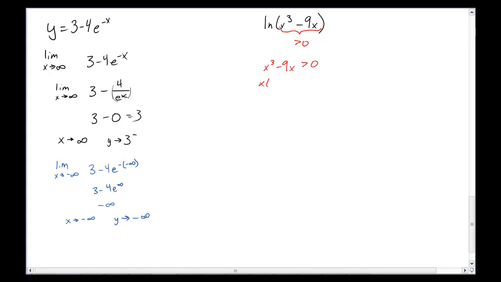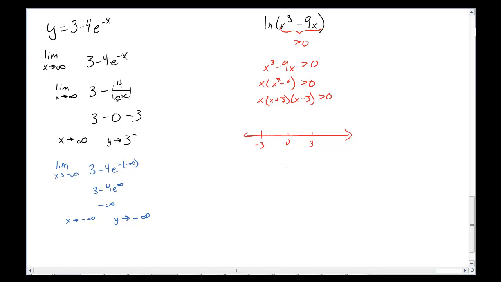I factor that, I get x times x squared minus 9, and then I get x times x plus 3, x minus 3, and we learned that in these wonderful situations we create a sign diagram. So 0, positive 3 for this one right here, and negative 3 for that one.